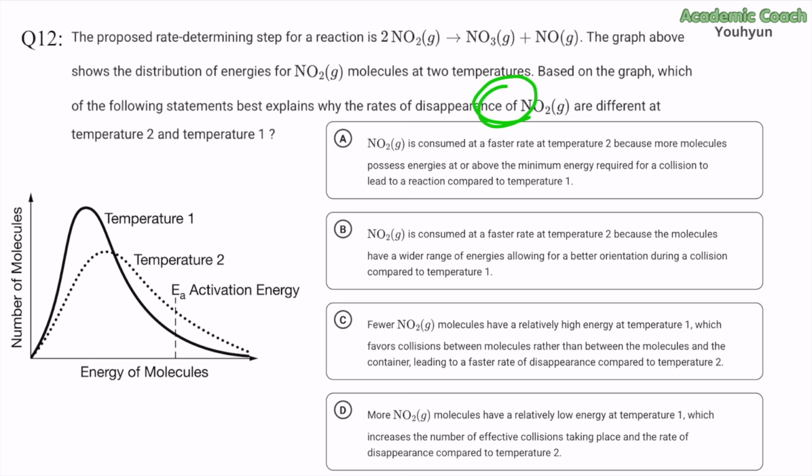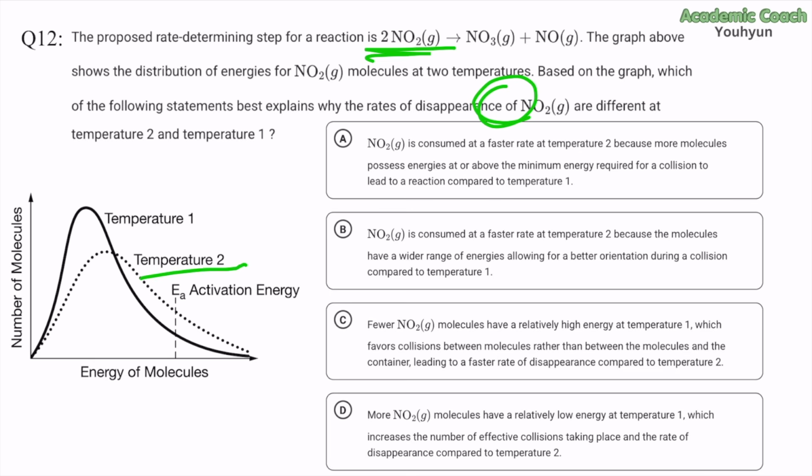Next, question number 12. The proposed rate determining step for a reaction is 2 moles of NO2 decomposing into NO3 and NO. The graph above shows the distribution of energies for NO2 molecules at two temperatures, temperature 1 and temperature 2. Based on the graph, which of the following statements best explains why the rates of disappearance of NO2, which is the reactant, are different at temperature 2 and temperature 1?